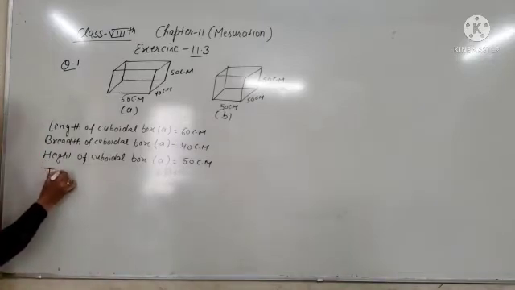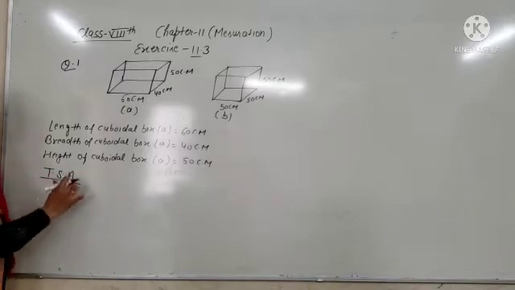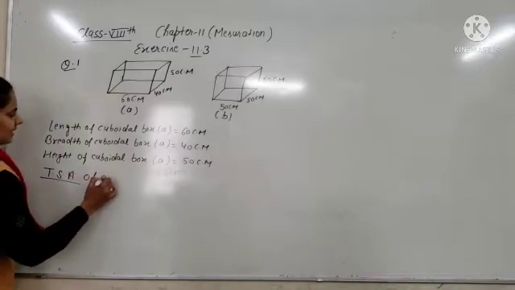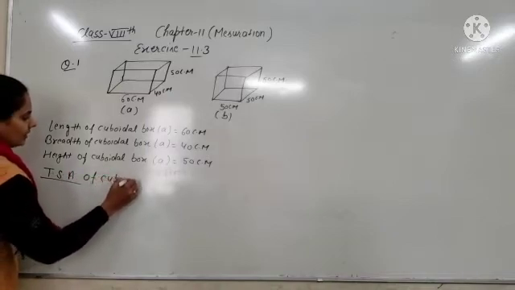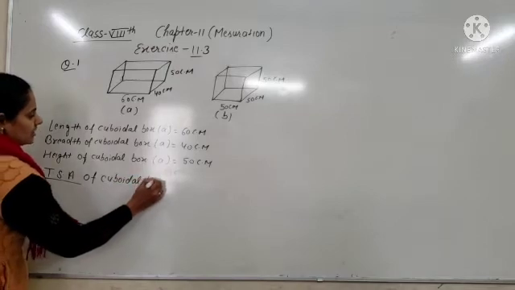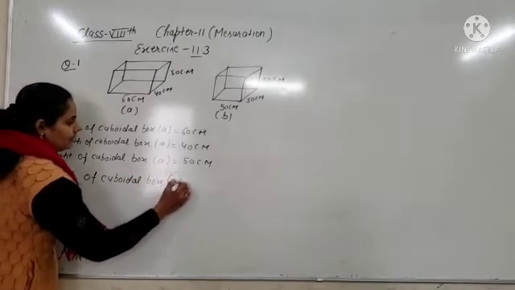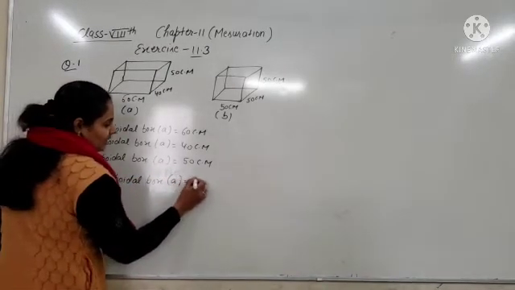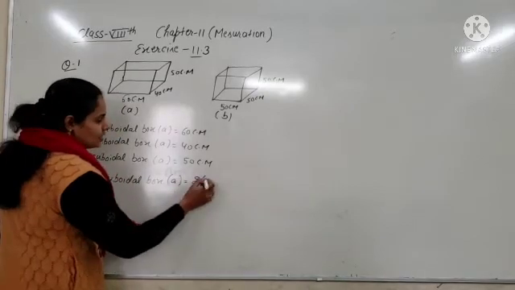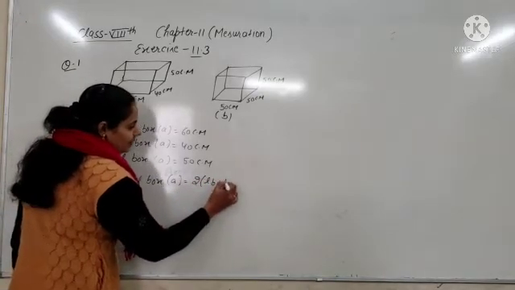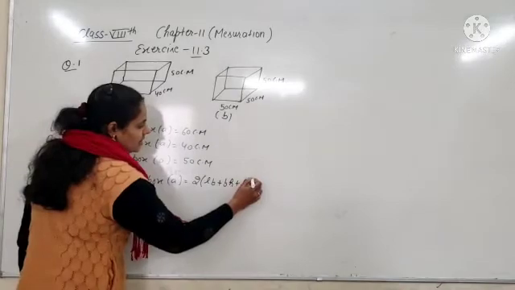So total surface area, I am writing in the short form TSA. What is the meaning of TSA? It means total surface area. So the total surface area of cuboidal box A will be, the formula of total surface area is 2 into (LB plus BH plus LH).